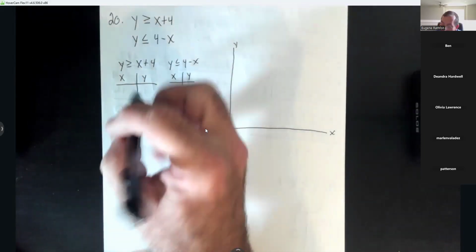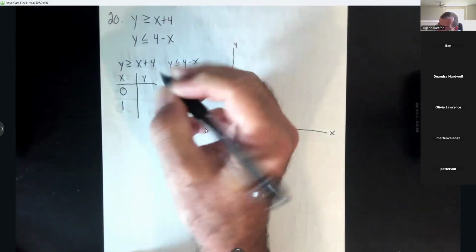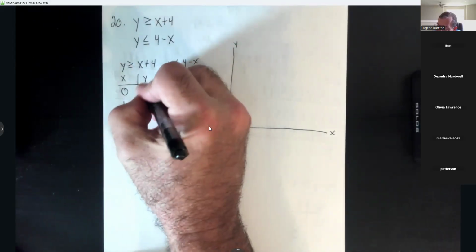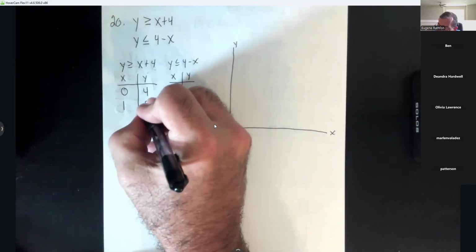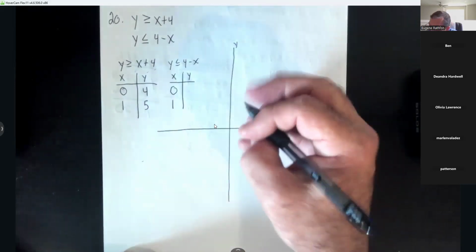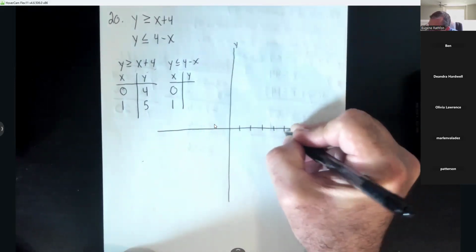So for the first one, I'm going to use zeros and ones for all my X's. So for the first one, 0 plus 4 is 4. And then 1 plus 4 is 5. So let me plot that one real quick. So I'm going to go out about 5.